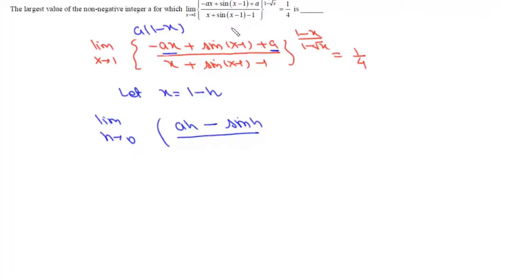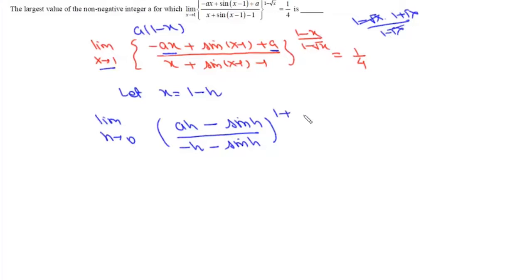Now here it is x minus 1, which is minus h, and again sin(x minus 1) is minus sin h, and to the power. Now this is a plus b into a minus b, so it will be (1 minus under root x) into (1 plus root x) upon (1 minus root x). Since x is unequal to 1, as x tends to 1, we can cancel this.